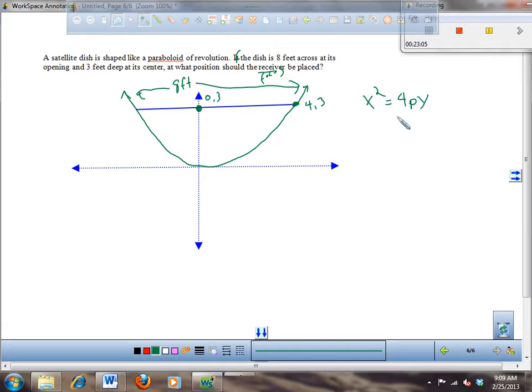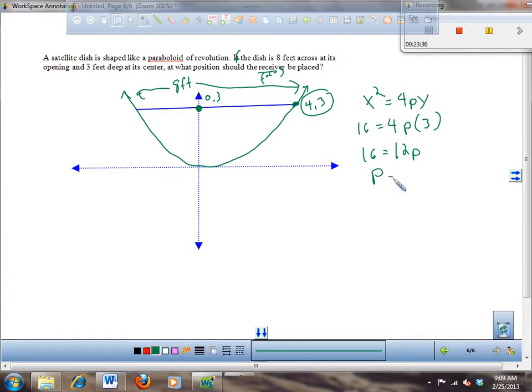And now to find 4p, what I do is I take this point and I plug it in for x and y respectively. So x is 4, so I get 16 equals 4p, and y is 3, right? So I get 16 equals 12p.